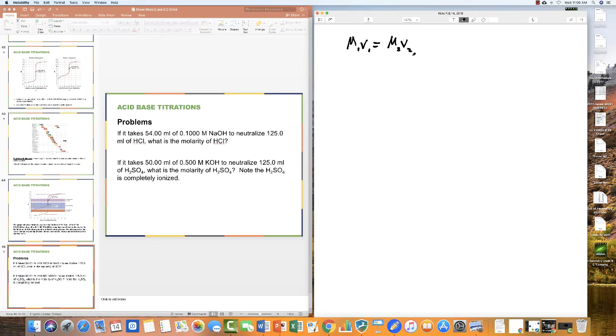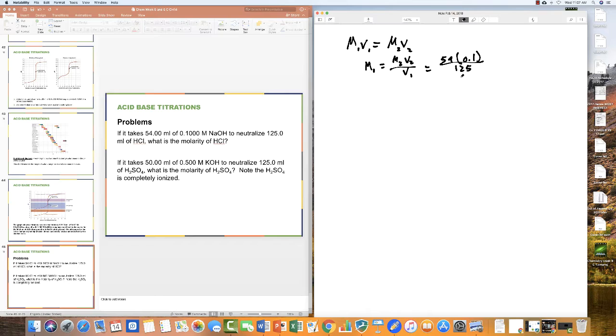We want to know the molarity of the acid, so it equals the molarity of the base times its volume divided by the volume of the acid. So it's going to be 54 times 0.1 divided by 125.